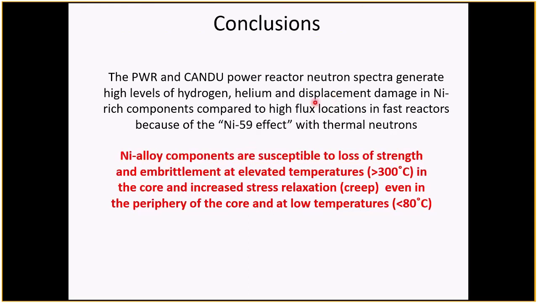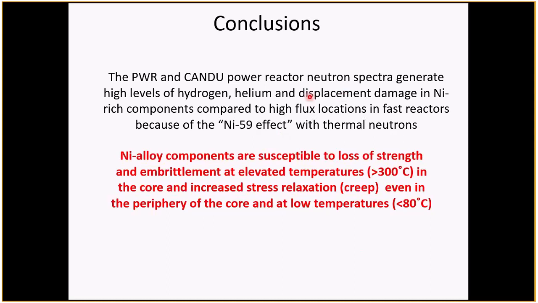So when I said that, in the core, it means a doubling of the displacement damage that you would get without the nickel 59. In the periphery, it's like 200 times as much displacement damage when you factor in the nickel 59. You get 200 times as much displacement damage compared to what you might expect. Oh, actually, not 200 times. That's wrong.